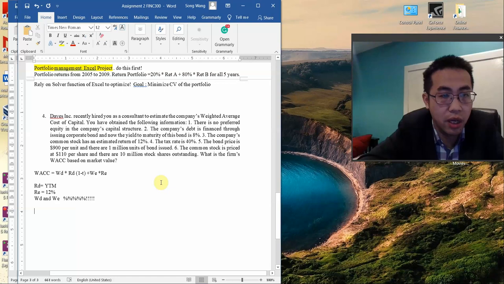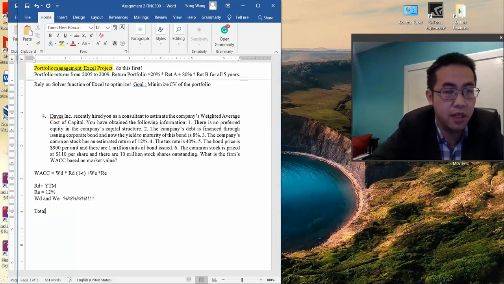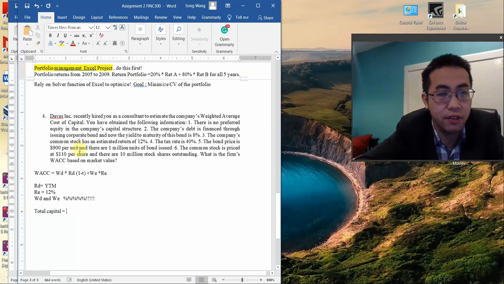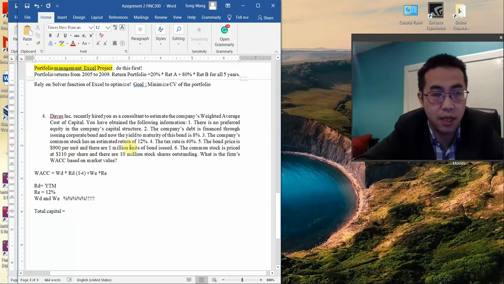What's the weight of each of them? You should first know what the total capital is. The total capital comes from the bonds: $900 per bond and 1 million bonds. So you use the product of $900 and 1 million units, which is how much money the company collected from issuing bonds. Then you have common equity, each at $110, and there are 10 million shares.